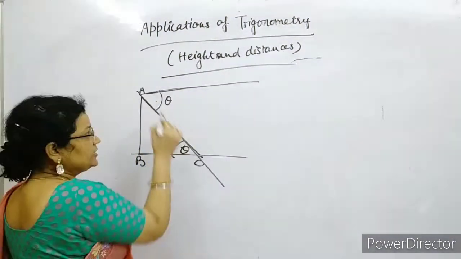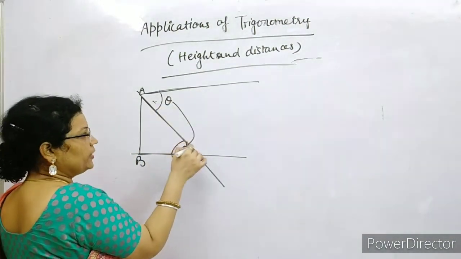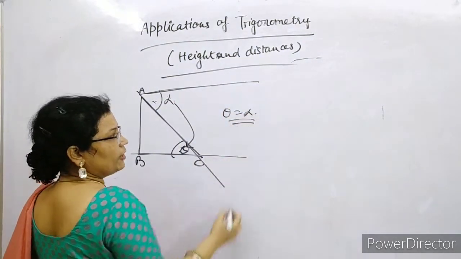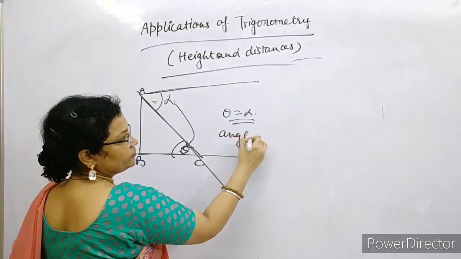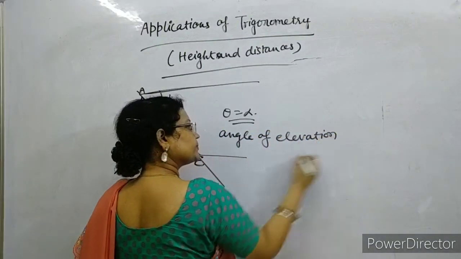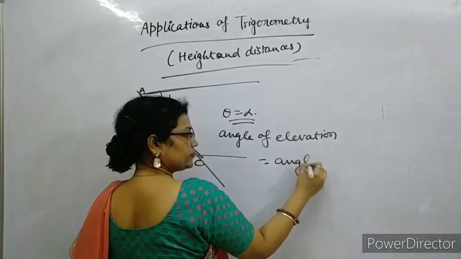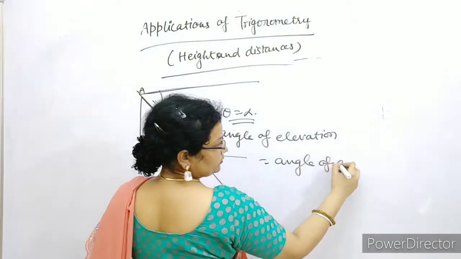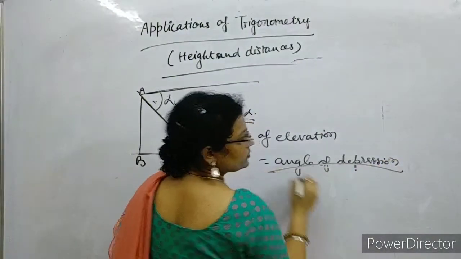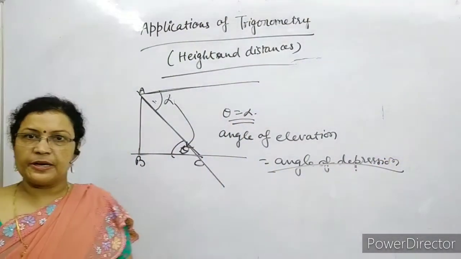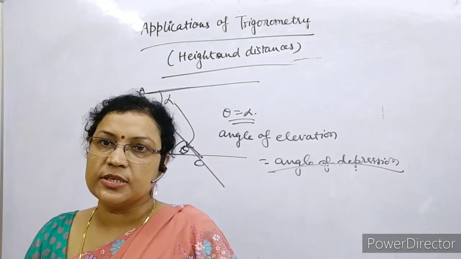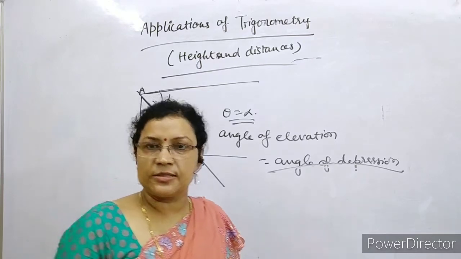So if the angle of elevation is alpha, then theta, the angle of depression, is also equal to alpha. Now we will see one by one how we use the T ratios in these kinds of questions.